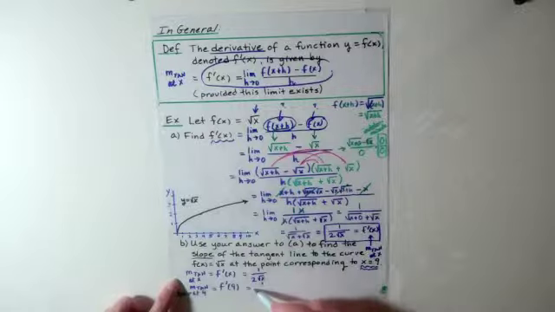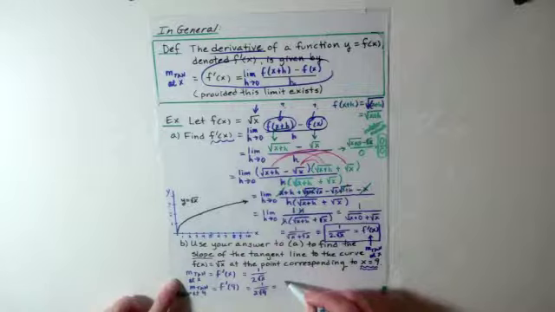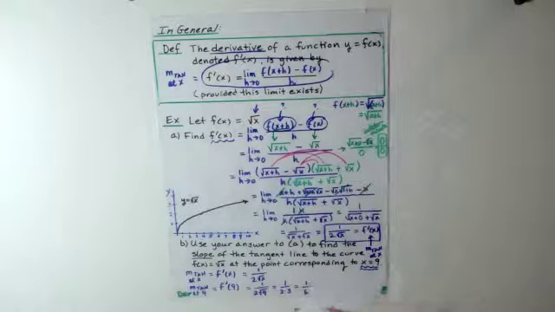And that just means I plug a 9 in place of x in our formula. So I would have 1 over 2 times the square root of 9. Well, what's that equal to? It's 1 over 2 times square root of 9 is 3. So it's 1/6. That should be the slope of our tangent line at the point on our curve that corresponds to x equal 9.